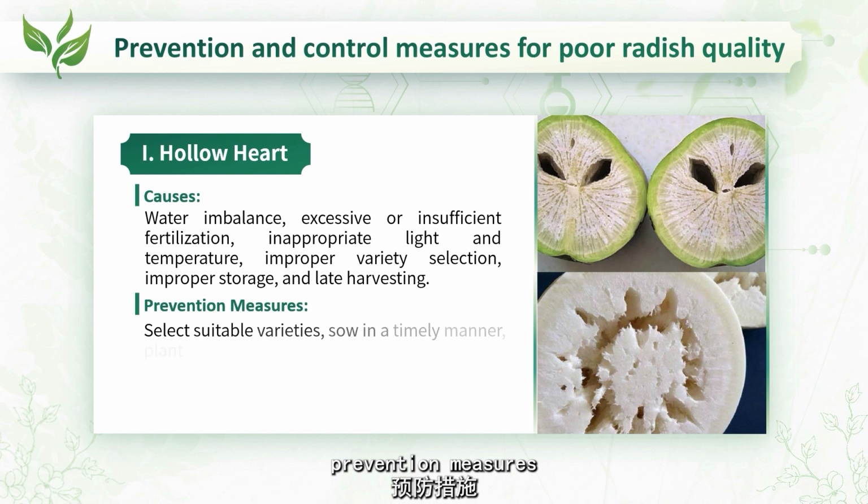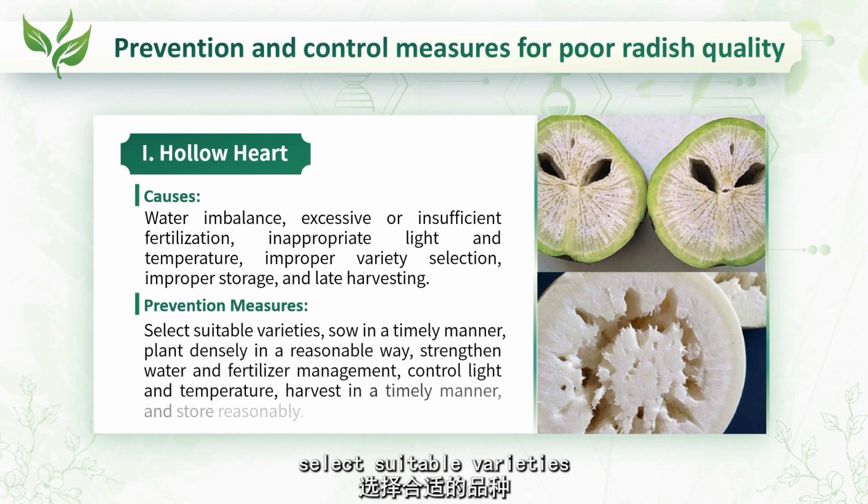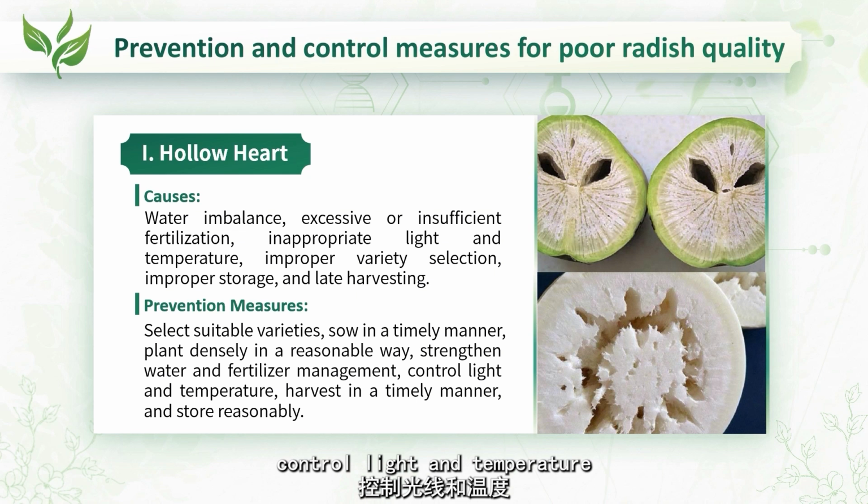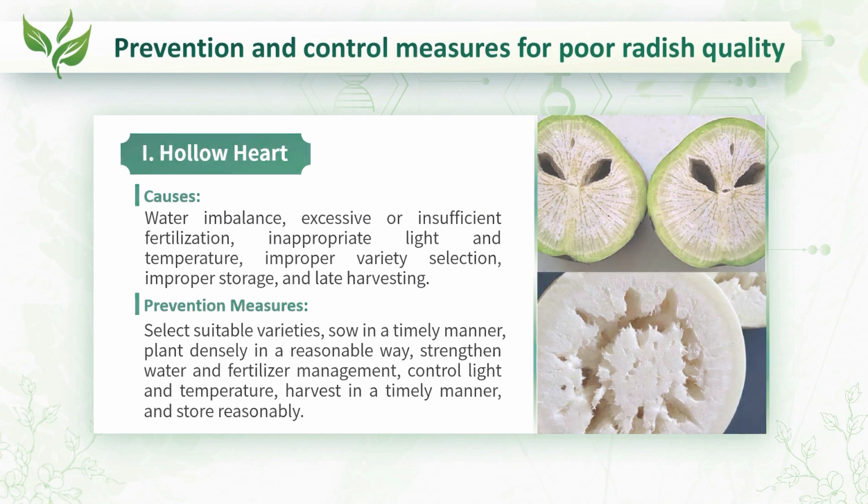Prevention measures: select suitable varieties, sow in a timely manner, plant densely in a reasonable way, strengthen water and fertilizer management, control light and temperature, harvest in a timely manner, and store reasonably.